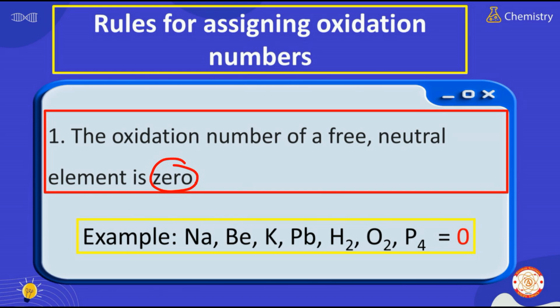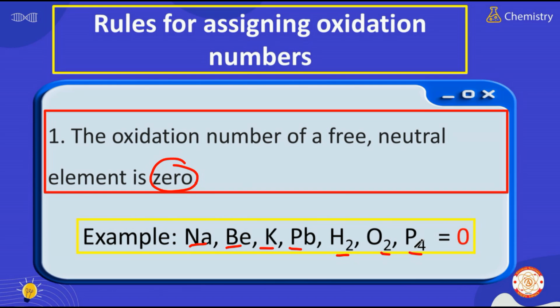For example, sodium, beryllium, potassium, lead, hydrogen, oxygen, phosphorus. All these elements have an oxidation number of 0. In the case of hydrogen, oxygen, or phosphorus, the reason why the oxidation number is 0 is because these atoms have a covalent bond.